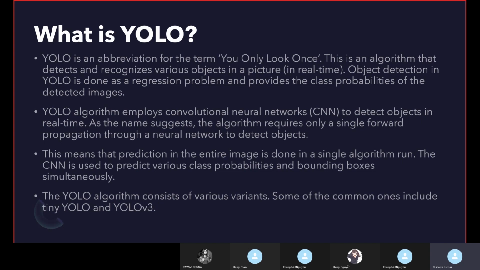It solves a regression problem when trying to give the output of the bounding boxes of the image. Also, YOLO employs convolution neural networks to detect the objects in real time, and because it looks only once, only a single forward pass is needed for an image for it to detect the objects.